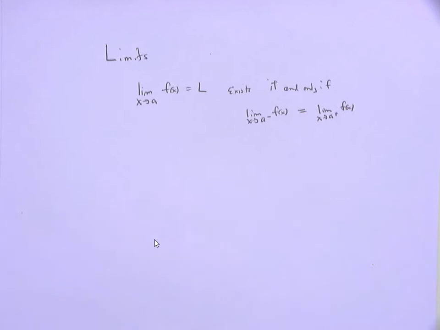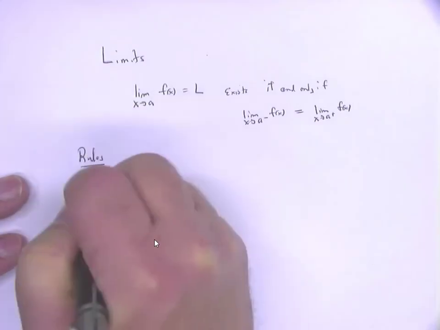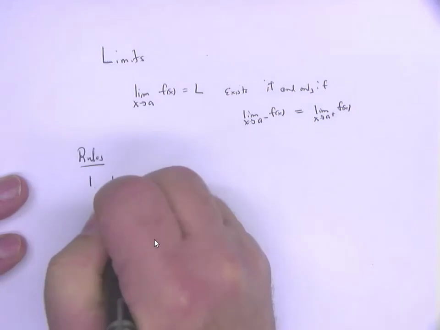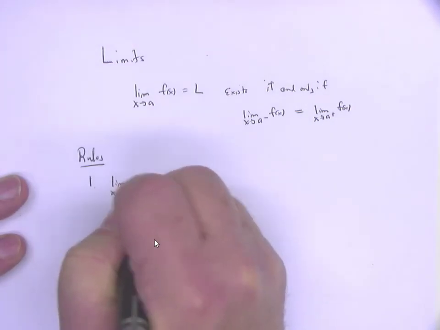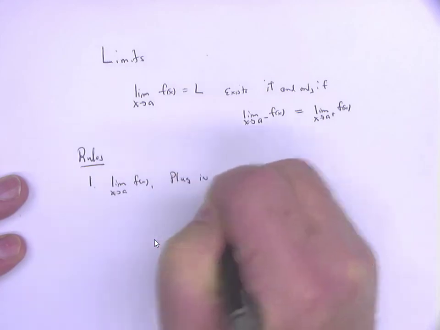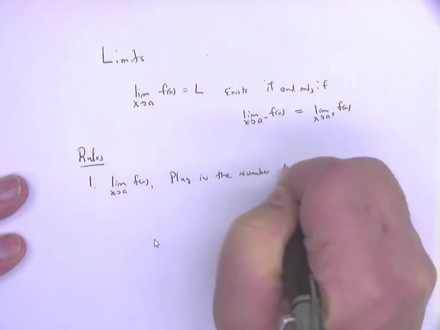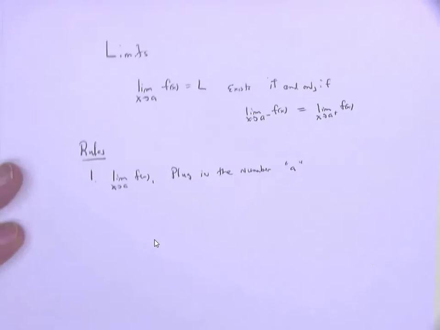Now, in terms of algebra rules, the first rule of limits is when you're taking the limit as x approaches a of f of x, plug in the number. Here's the deal.